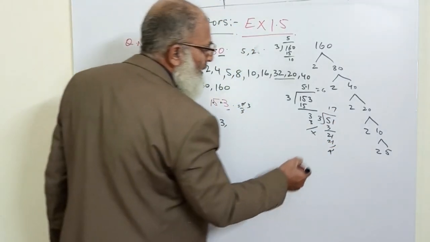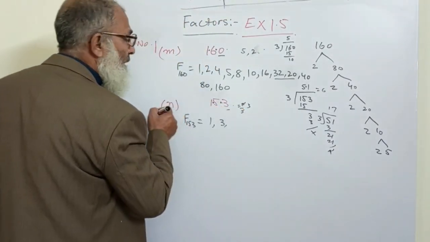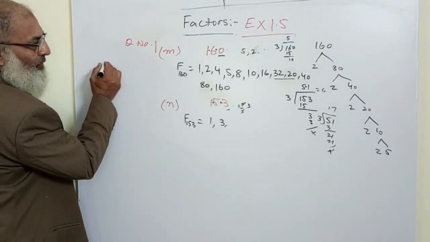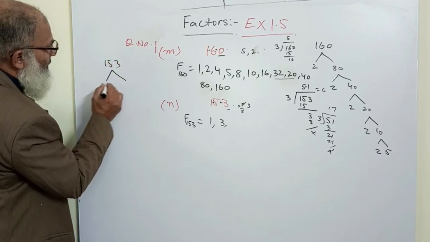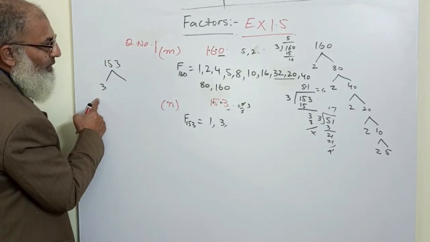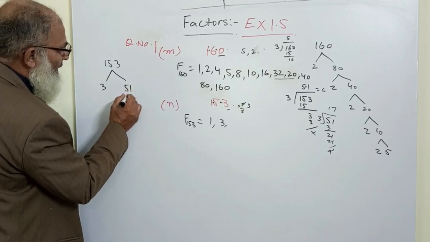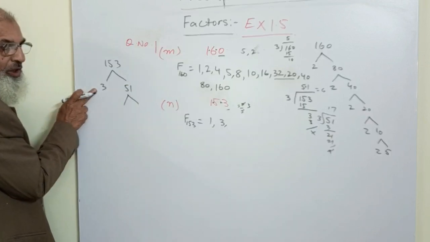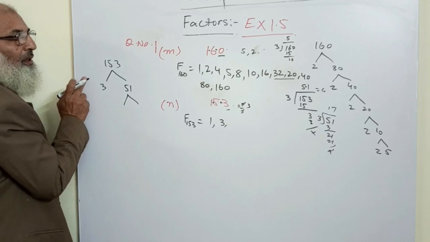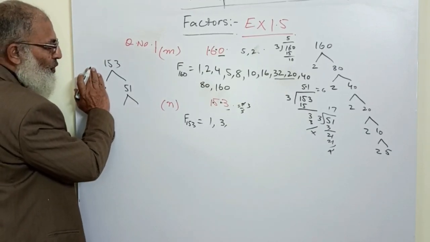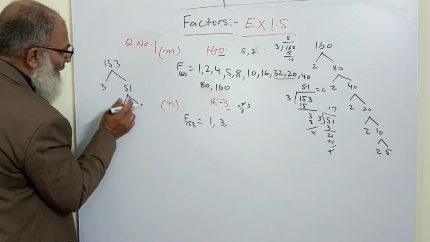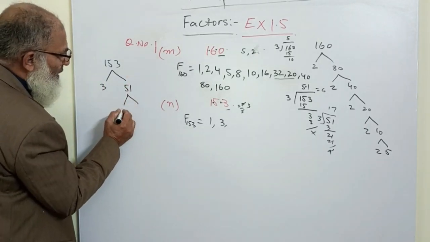You can also draw the tree table over here, and the number was 153, and first was 1, 3 and 51, and then since we have got a prime number over here, this branch has been stopped over here and we continue with 51.